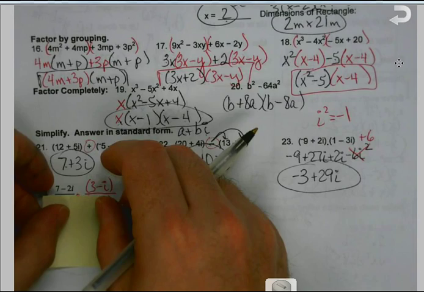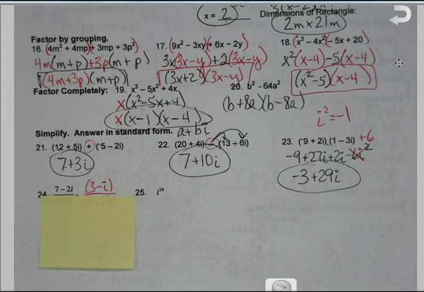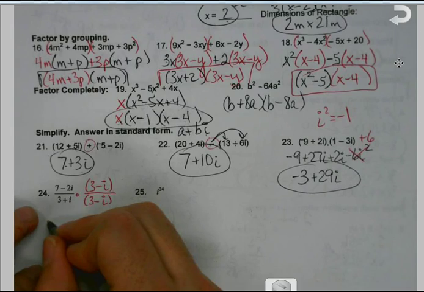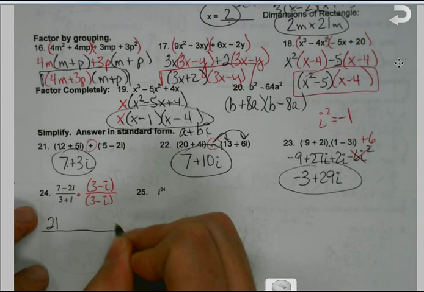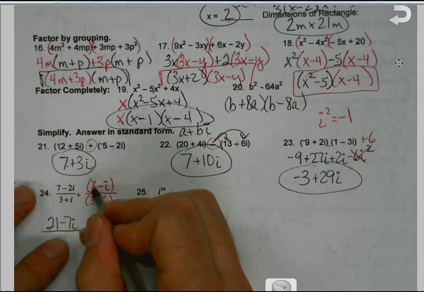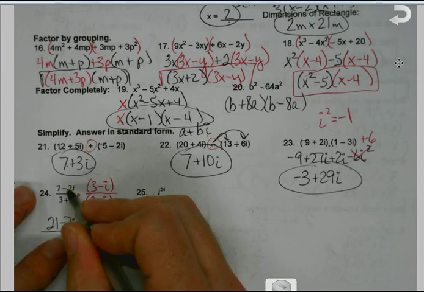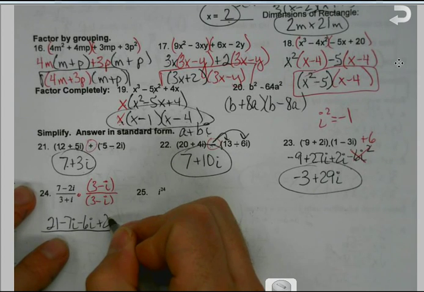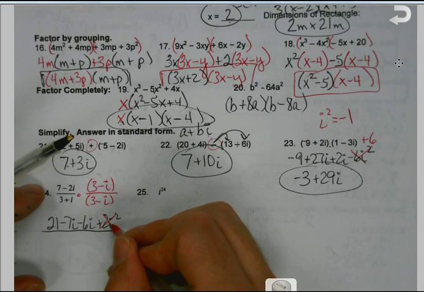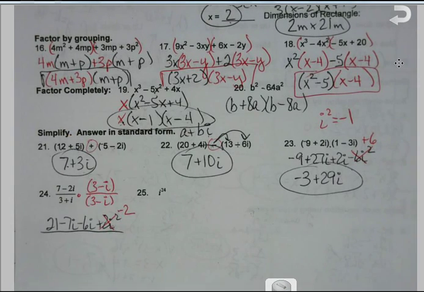So here, I'm just going to FOIL those first, to get this out of the way. So I've got 21 minus 7i minus 6i plus 2i squared, which I know darn well is 2 times negative 1, which is negative 2.